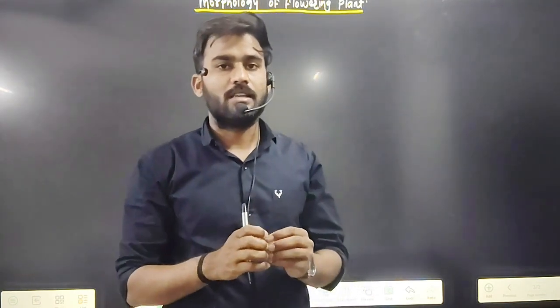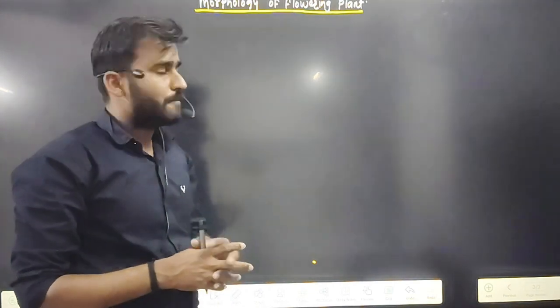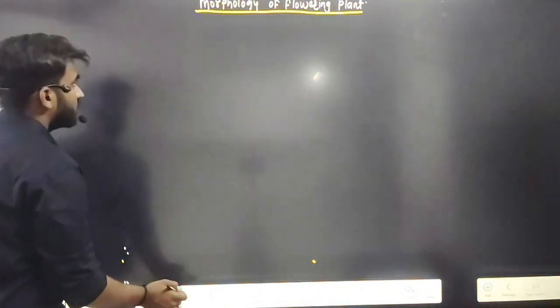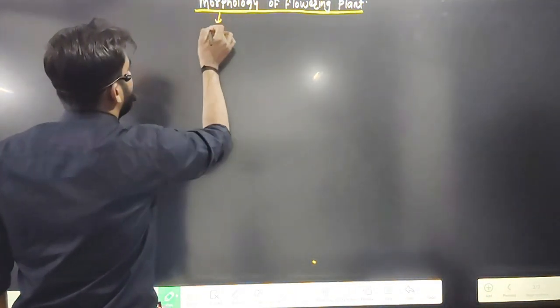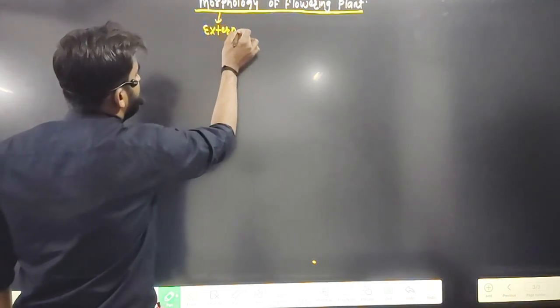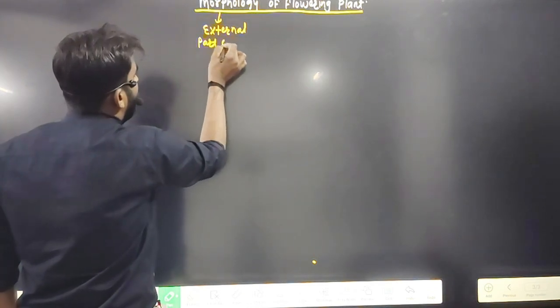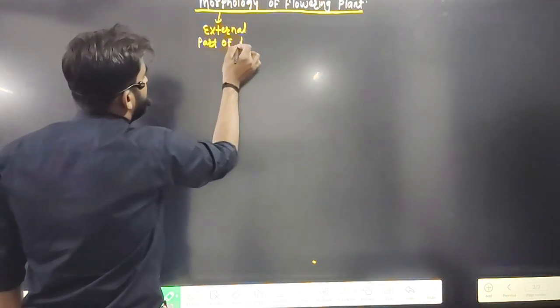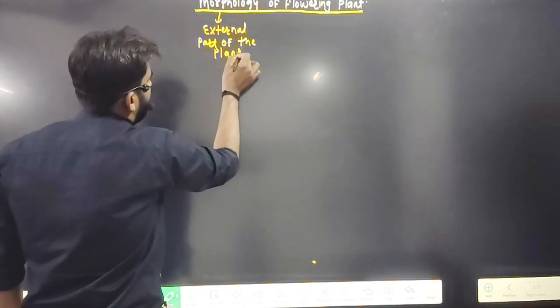We see all this after the maturation of the plant. So what is the morphology? Morphology is nothing but the external part of the plant.